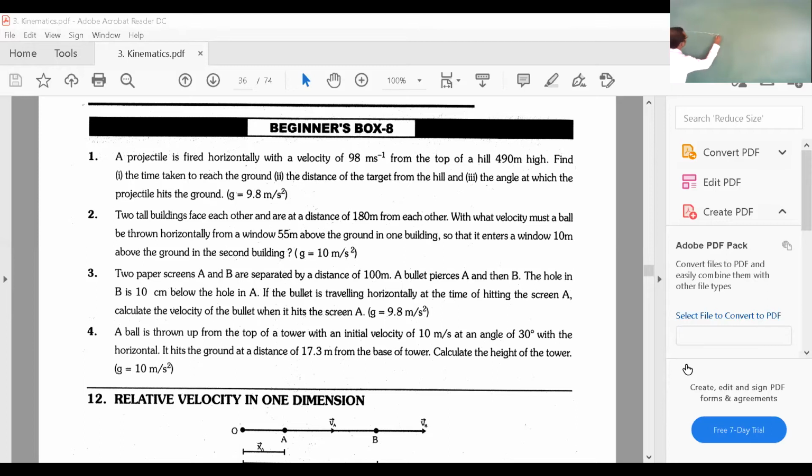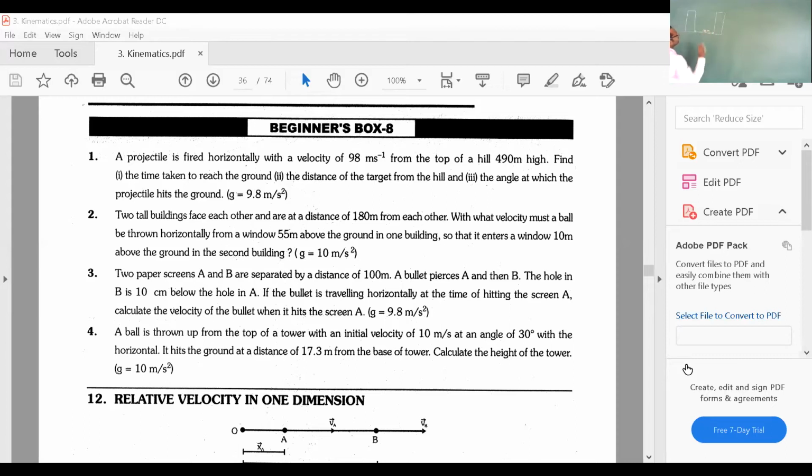Here there is one building and here one more building. Two tall buildings. Now they are saying that these two tall buildings are separated by a distance of 180 meters.